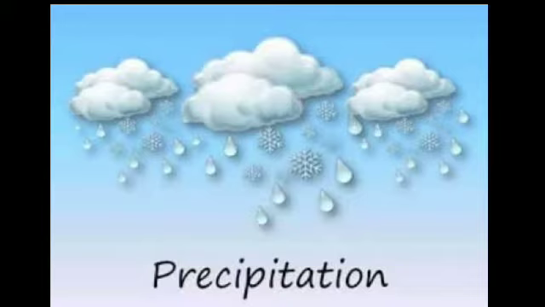Understood, student? Now, on the surface of the earth, air pressure is different at different places. So there will be a variation. Variation means there will be changes in air pressure.